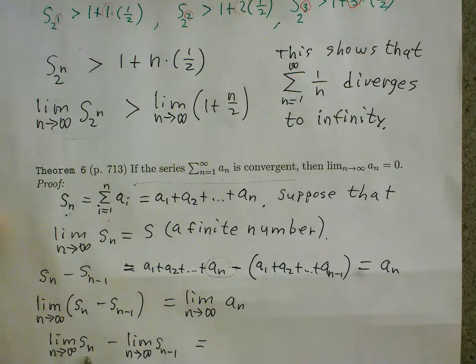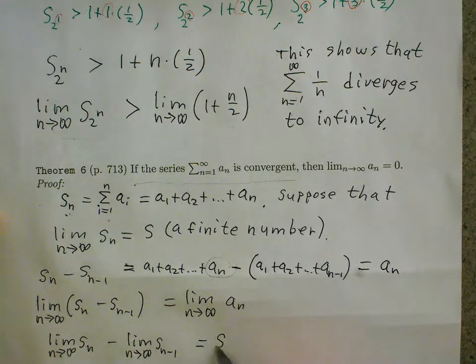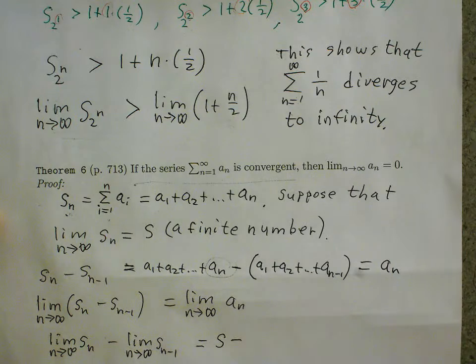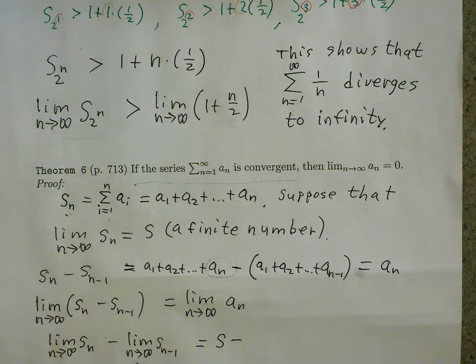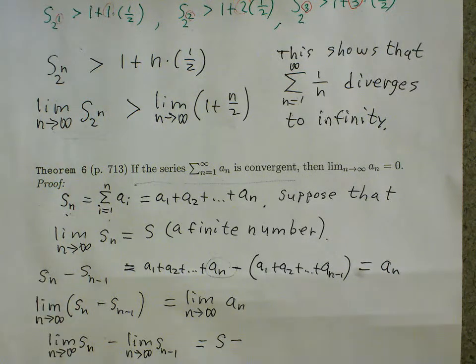And the limit of s sub n as n approaches infinity, we're supposing to be the finite number s. And what's the limit of s sub n minus 1 as n approaches infinity? It's the same sequence, we're just starting one term before, but n is still going to infinity. So the limit of this one is also s.